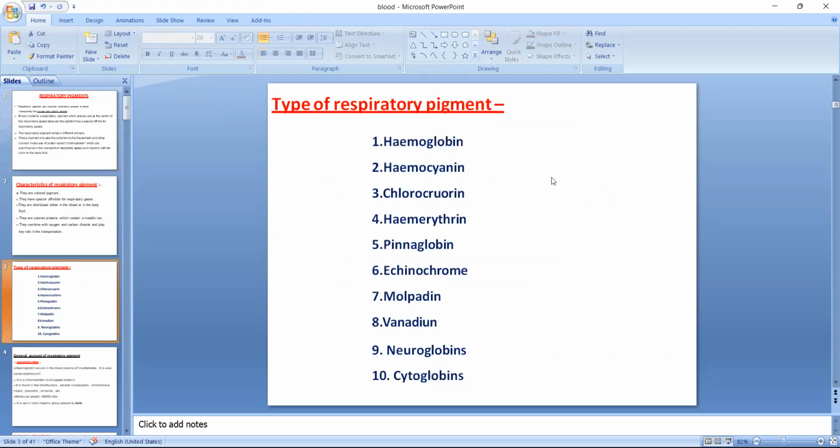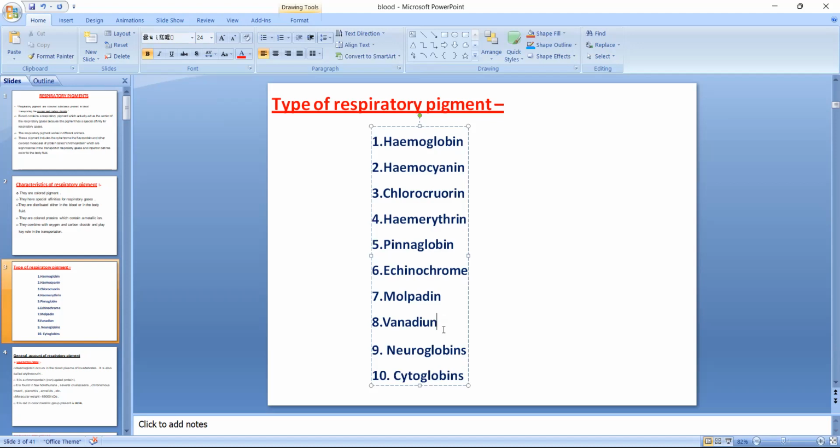So, these are the different kinds of respiratory pigments that are present: hemoglobin, hemocyanin, chlorocruorin, hemerythrin, vanabins, echinochrome, molybdenum, vanadium.